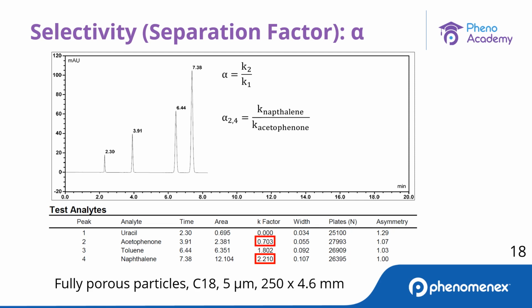You can calculate the separation factor for any two peaks. So here I took naphthalene and acetophenone. And then we can calculate by using their retention factors that the selectivity is 3.14.